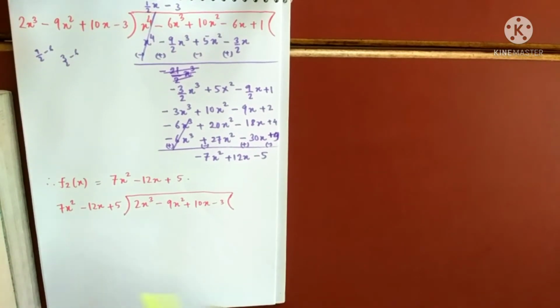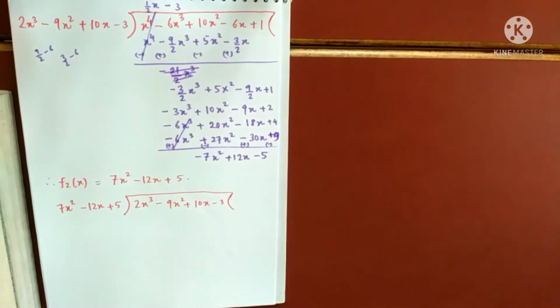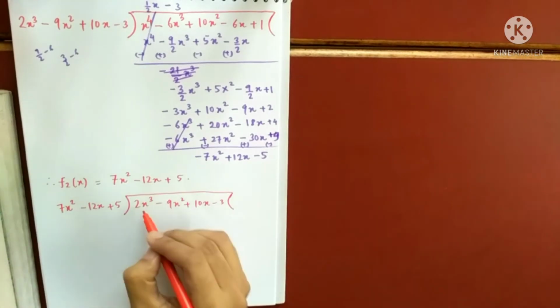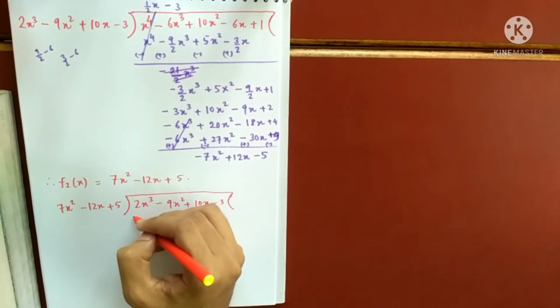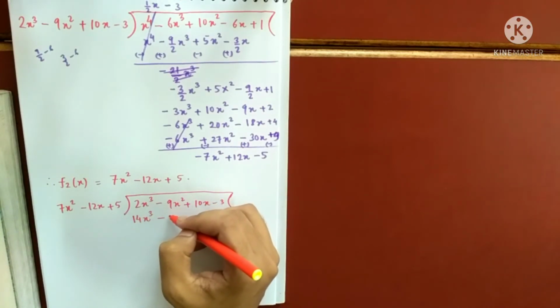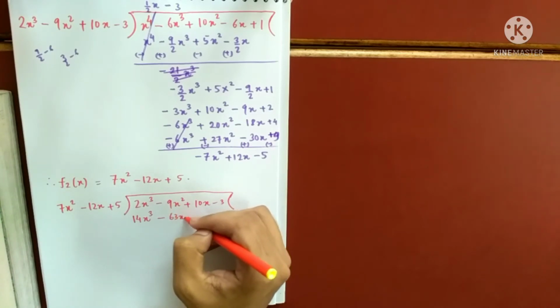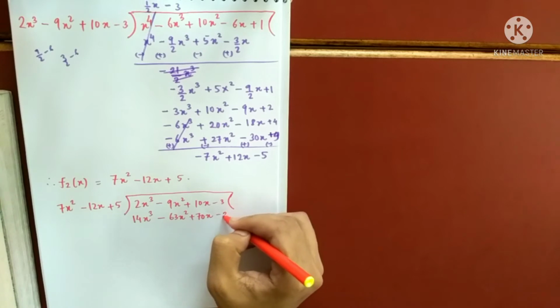Now you see, again to divide this, you have to take here 2 by 7, which will make again things problematic. So what I'll do, I'll first multiply this by 7. So this will become 14x cube minus 7 9s is 63x square, 7 10s is 70x, 7 3s is 21.